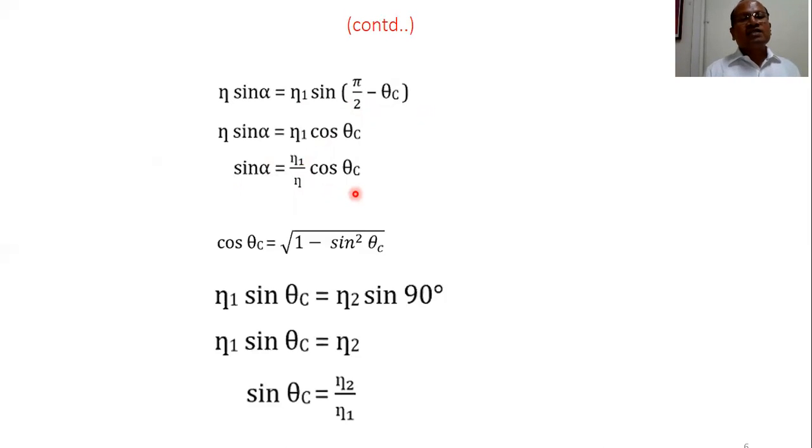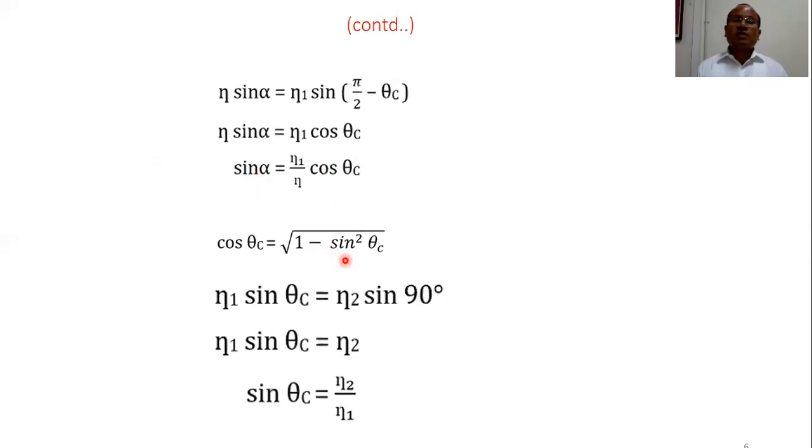How can we write cosine theta c? Cosine theta c can be written as square root of 1 minus sine square theta c. Is it clear? So sine alpha, we are trying to get the expression for acceptance angle. Sine alpha can be written as n1 by n square root of 1 minus sine square theta c.